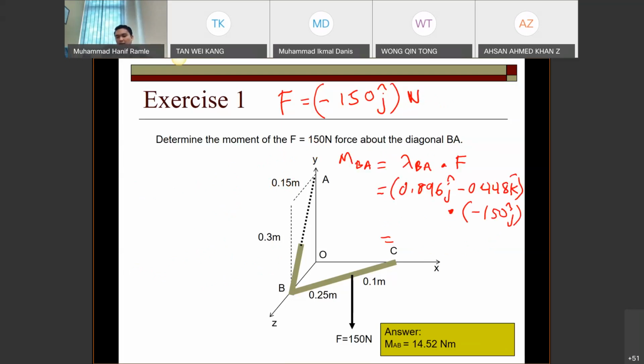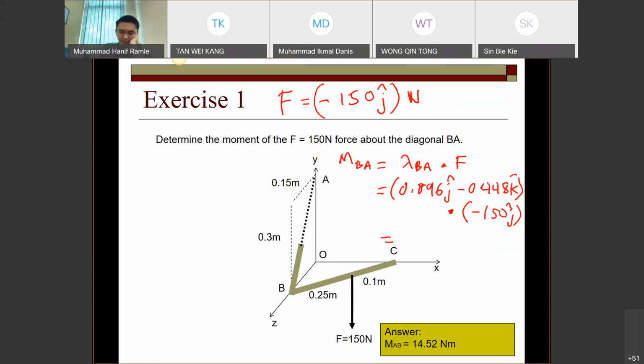Can you check the answer? Is it similar to what is given in the slide? So how about R? Doctor, shouldn't we cross product F with RBD? The M axis equals lambda axis dot product endpoint.